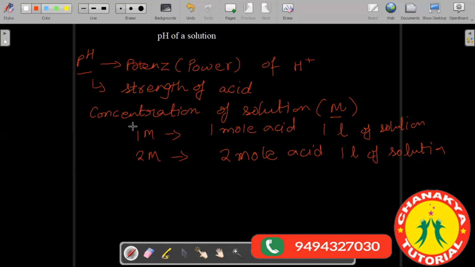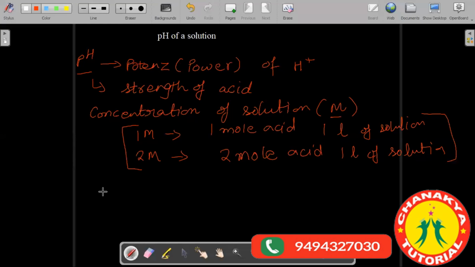On the basis of the concentration, we call the solution either a dilute solution or a concentrated solution. Which solution will be more concentrated, a 1 molar solution or a 2 molar solution? The 2 molar solution is more concentrated.